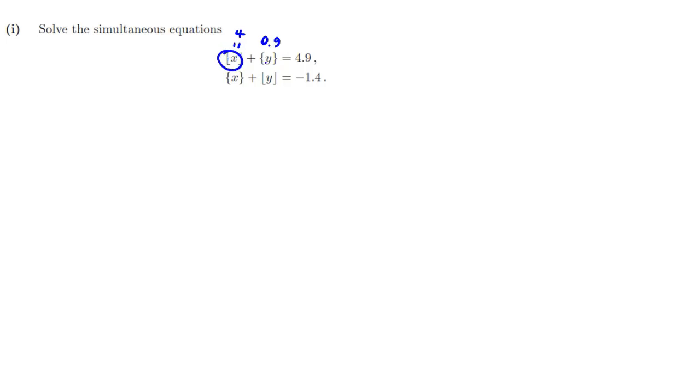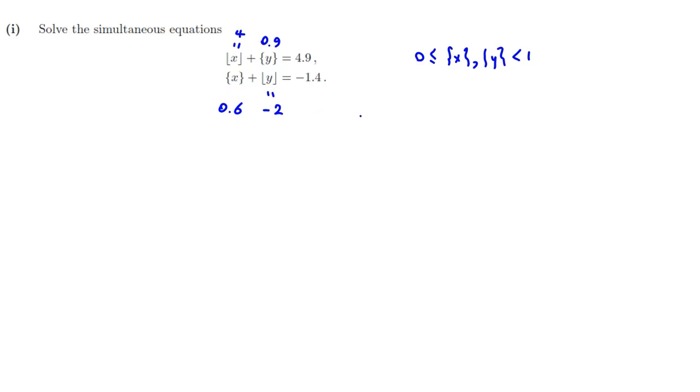Why? Because if it is 3, then the fractional part would be 1.9, greater than 1. Or if it is 5, then it would be negative. So the only possible case is this one or this one, because the fractional part is always at least 0 and less than 1, and the integer parts are integer floors, so the only possibility is this, and x's fractional part is 0.6.